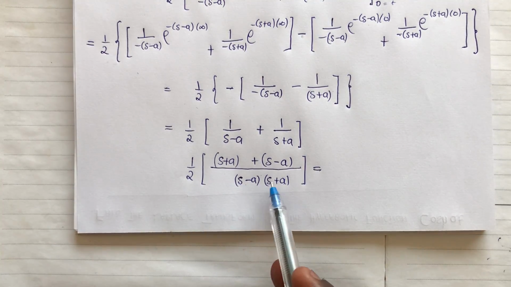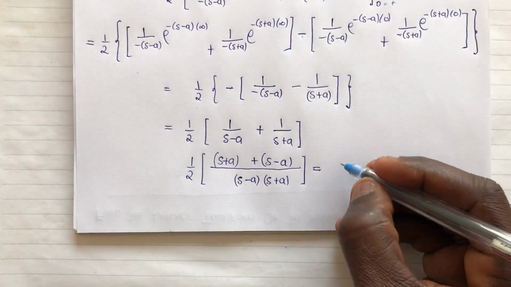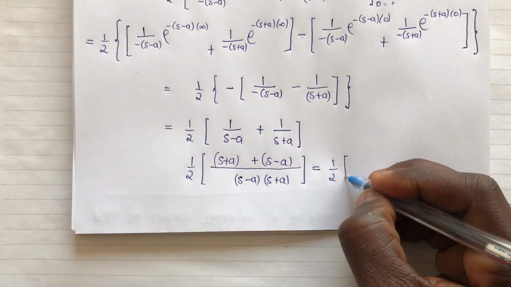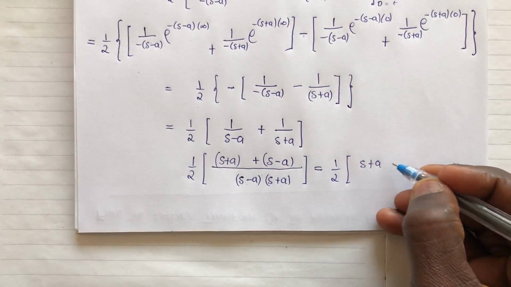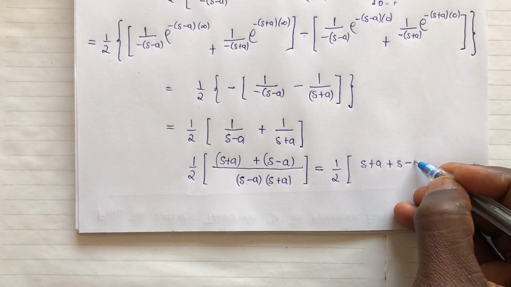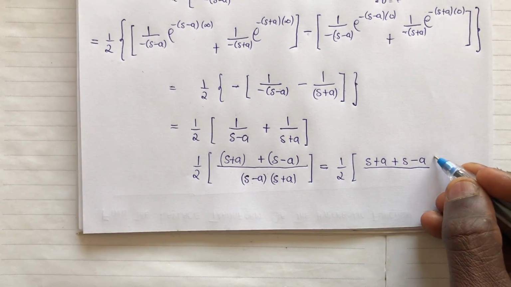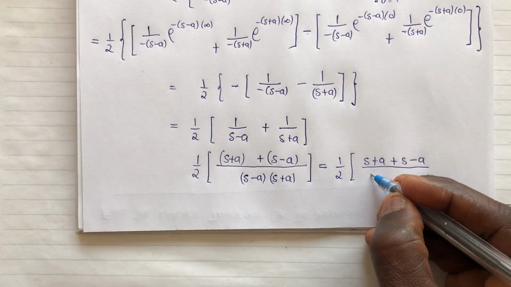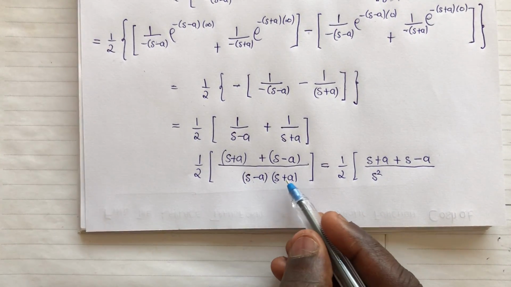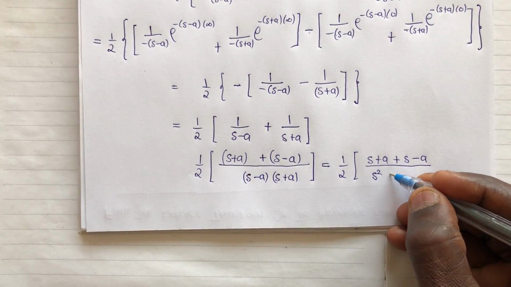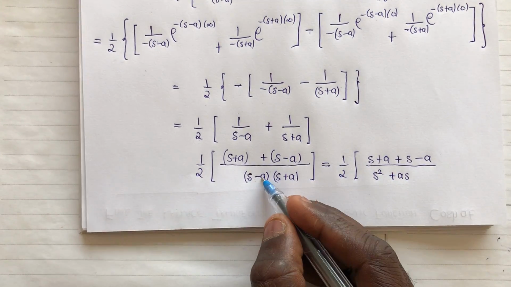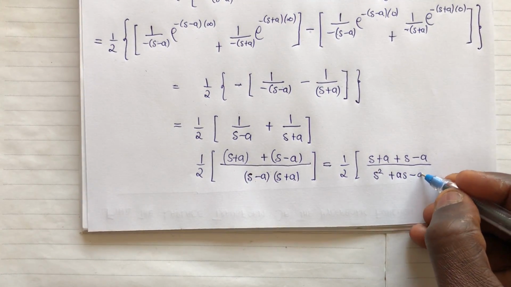We can now expand the denominator. So we have 1 over 2 times s plus a plus s minus a, over, multiplying s times s will give us s square. s times a we have plus as. a times s we have minus as.